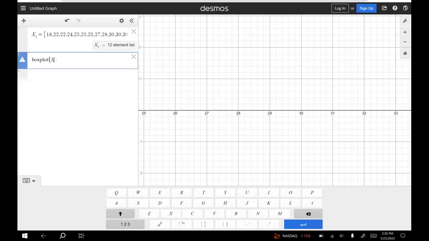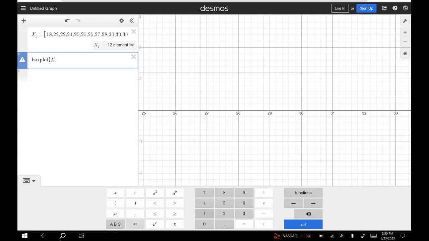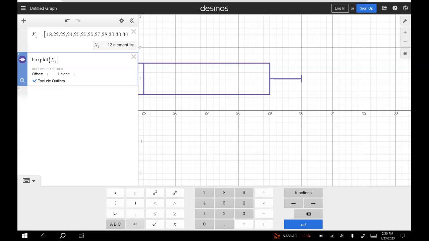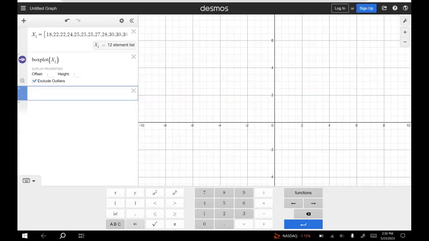So again, you have to make sure it's a capital X and it's a subscript of 1, because that's what you named your list. You type in X of 1.